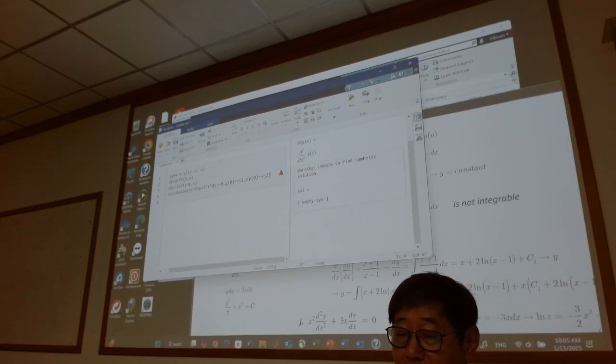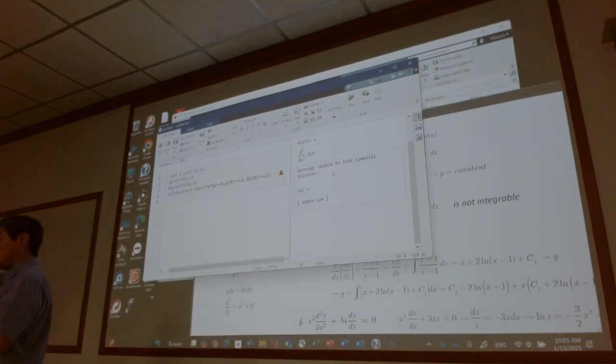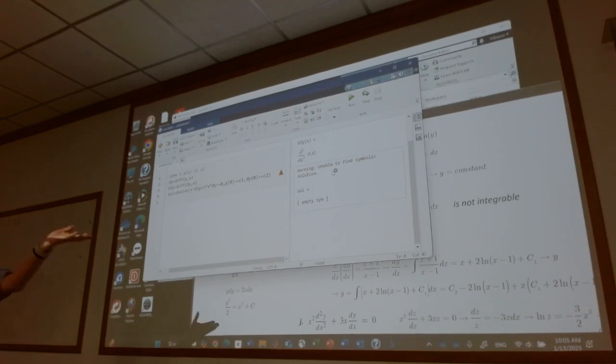Okay, see, it said unable to solve, unable to find symbolic math in this case. It cannot do it. If you use a better one, maybe you have that.